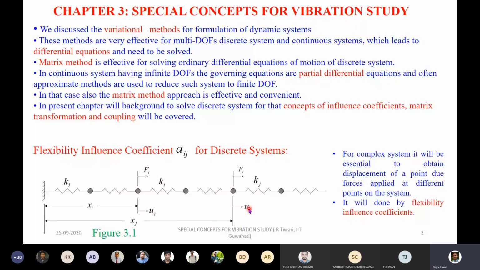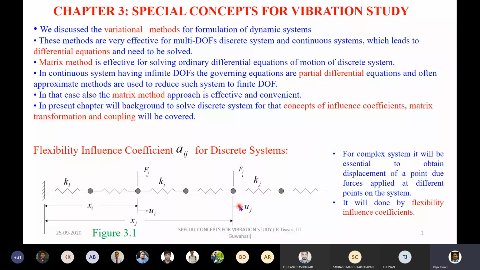Here forces are acting at different masses, and displacements are also taking place at different masses. Generally, we will be interested in the displacement of the mass, and in the general case, all the masses will have some force.